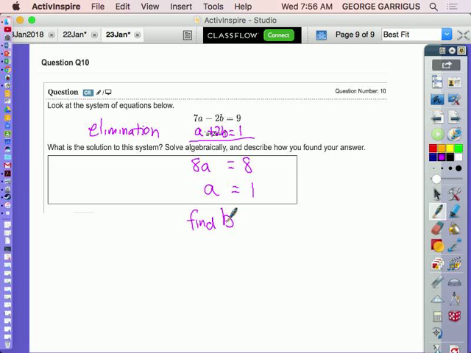Find b. So we know we have a plus 2b equals, oh, I'm sorry, that's negative 1. And so we still get 8 here, because it's 9 minus 1 is 8. Negative 1 here. We're going to substitute the 1 in there.